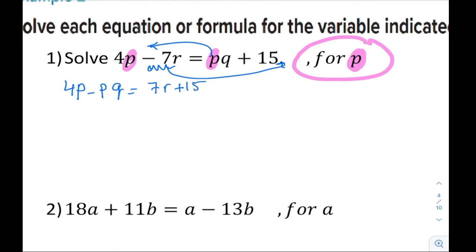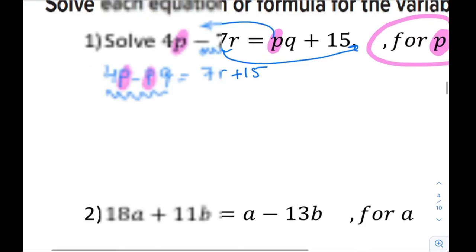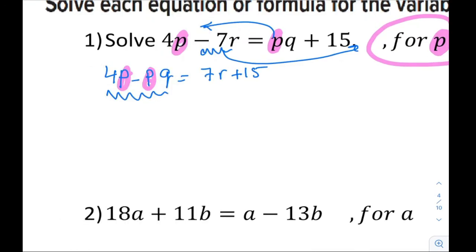Okay, perfect. Now, for those terms, we cannot add them because they are not like terms. But as you see here, there is a common p between them, both of them including the p. So let's remember what we were doing if it was a little bit different.